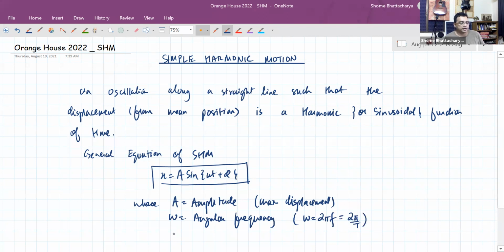Okay. And phi is called the phase constant or initial phase. Okay. So this, in a sense, was the definition of simple harmonic motion.